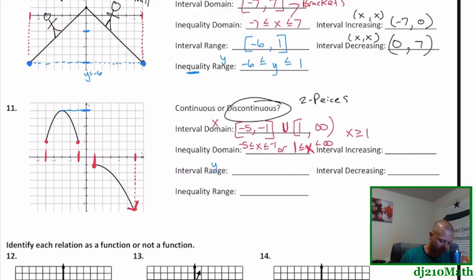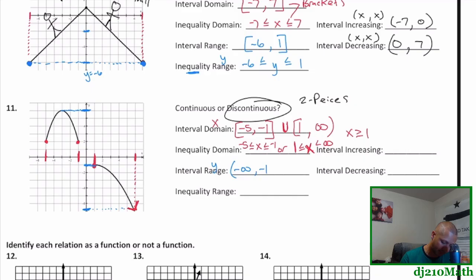So we always start at the bottom. What's the smallest that y can be? That's the actual question. What's the smallest that y can be? Well, it's the arrow. So negative infinity, with the parentheses. Going up, the most that this piece can be in terms of y is -1.